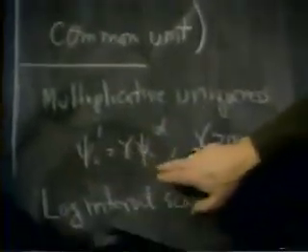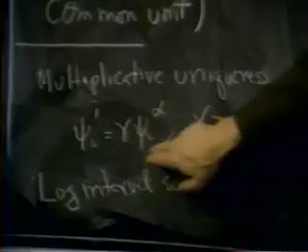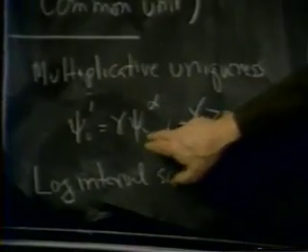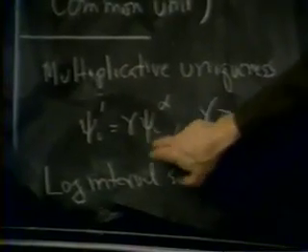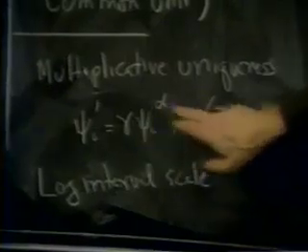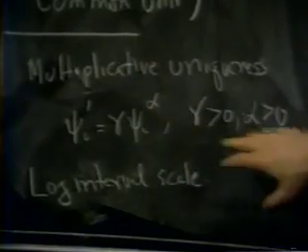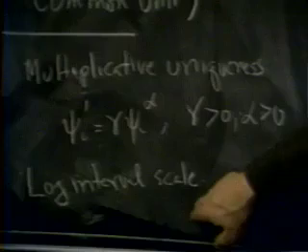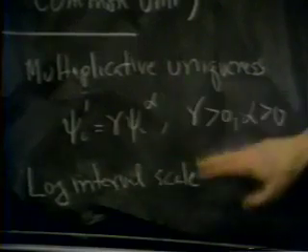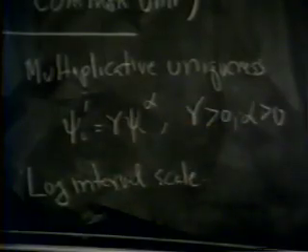If the system of scales is multiplicative, then they would be related to each other by a power transformation where gamma and alpha are both positive constants. And one refers to that kind of uniqueness result as a log interval scale, the essential meaning being that if you took the logarithm of these representations, you would end up with an interval scale.